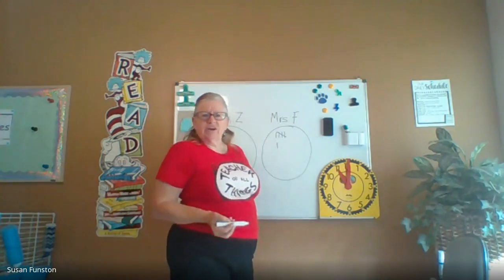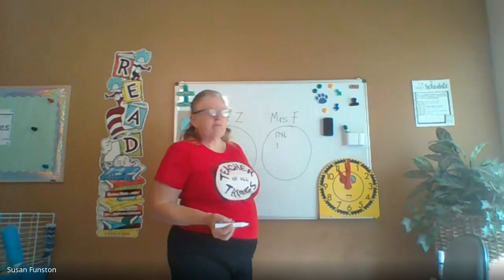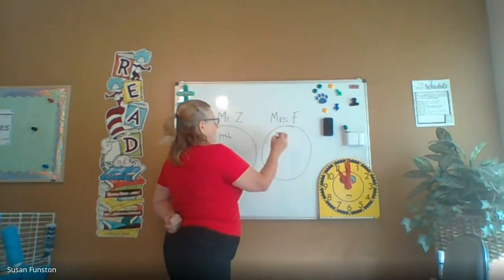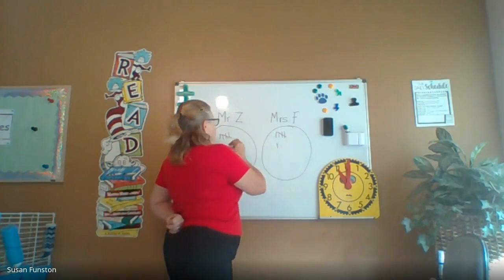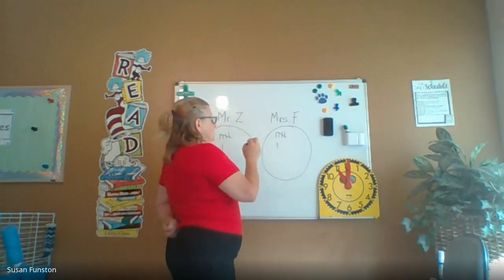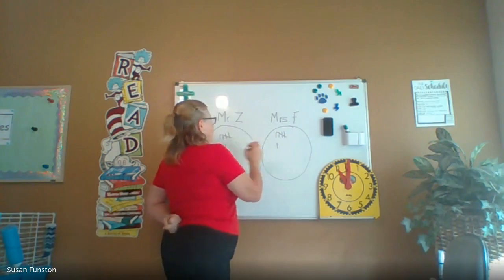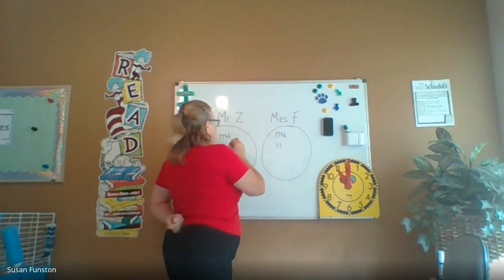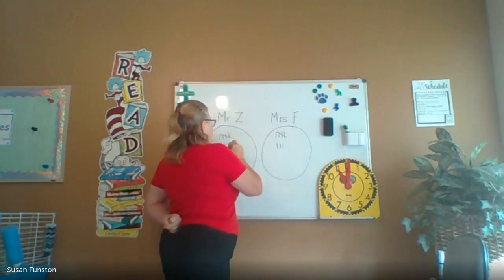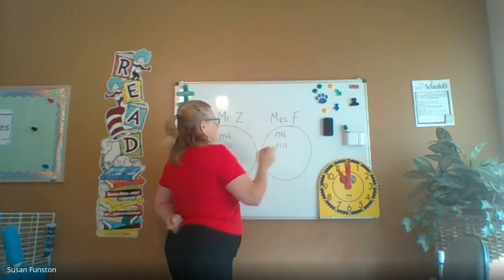Do I just keep going forever? That seems terrible. So let's see, I have 5, 10, 11, 12 so far. So I'm going to keep going until I get to 18. So 13, 14, 15, 16, 17, 18.